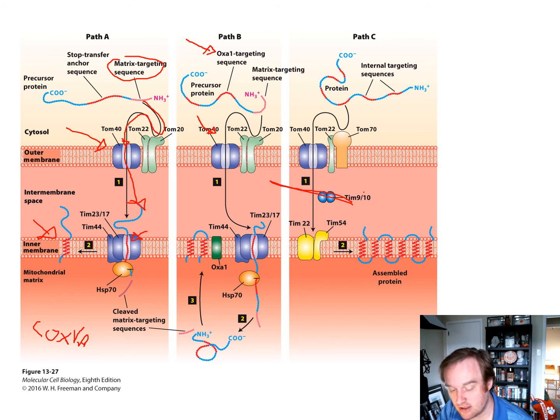But where it differs here is that once going through the TIM 23, 17, 44 complex here, the complex recognizes that OXA1 targeting site, and this inserts the polypeptides with the help of OXA1. So the OXA1 targeting site obviously interacts with OXA1, and it inserts it into the inner membrane there.